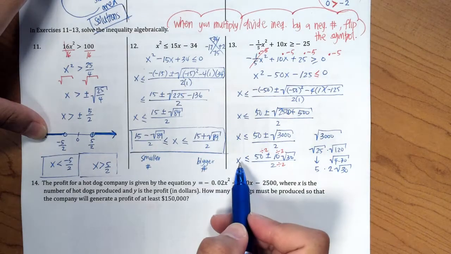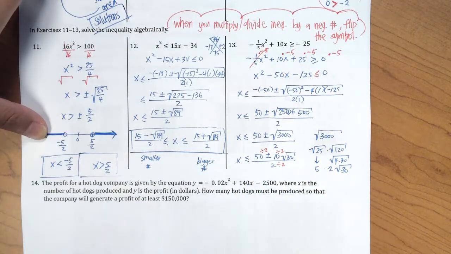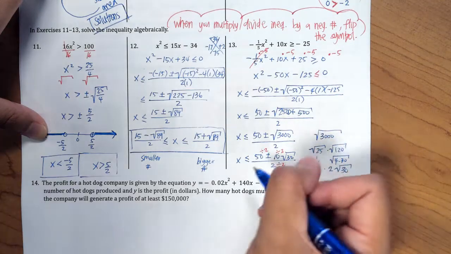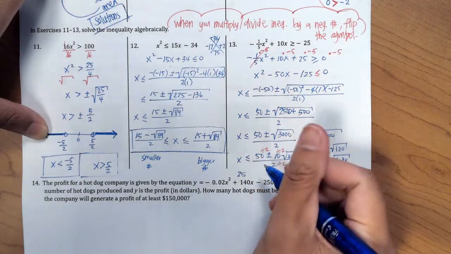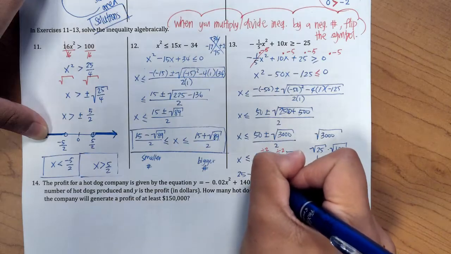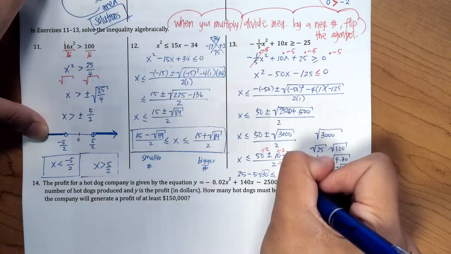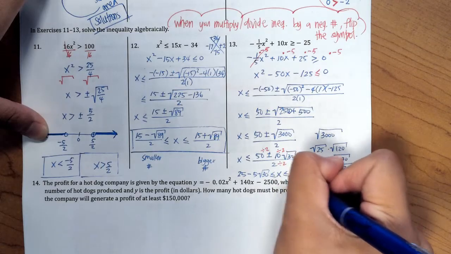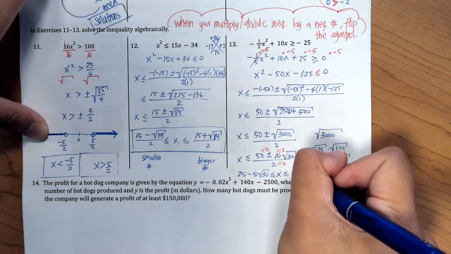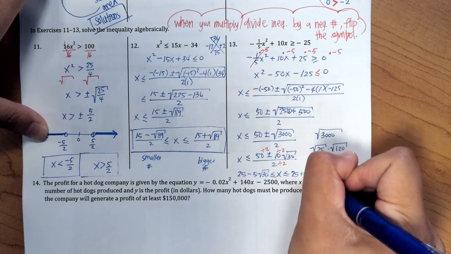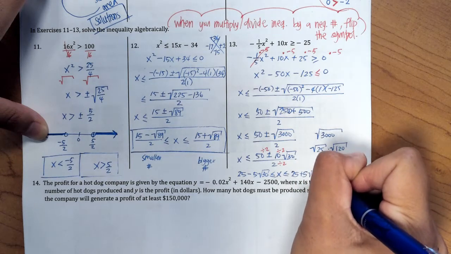And so it's less than, so it's going to be in between these 2 points, and we are going to have 25 minus 5 root 30 is less than or equal to x, which is less than or equal to 25 plus 5 root 30.